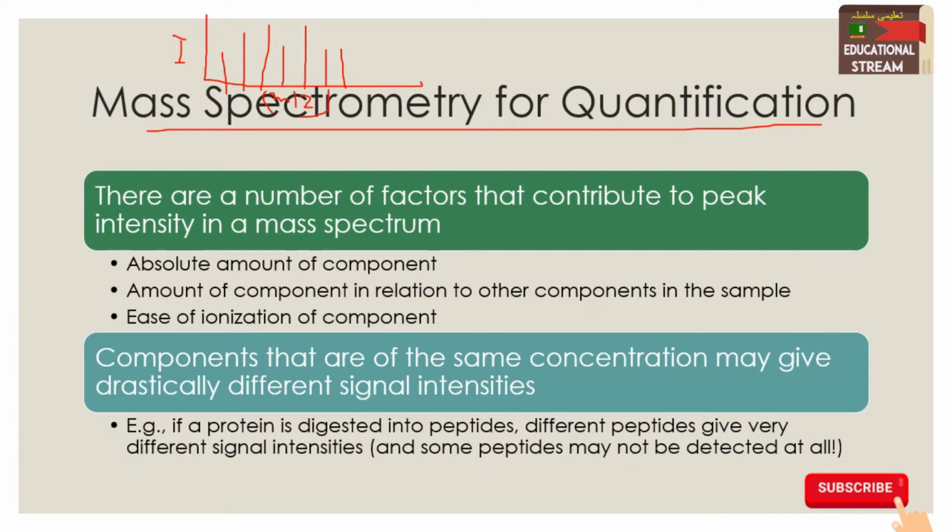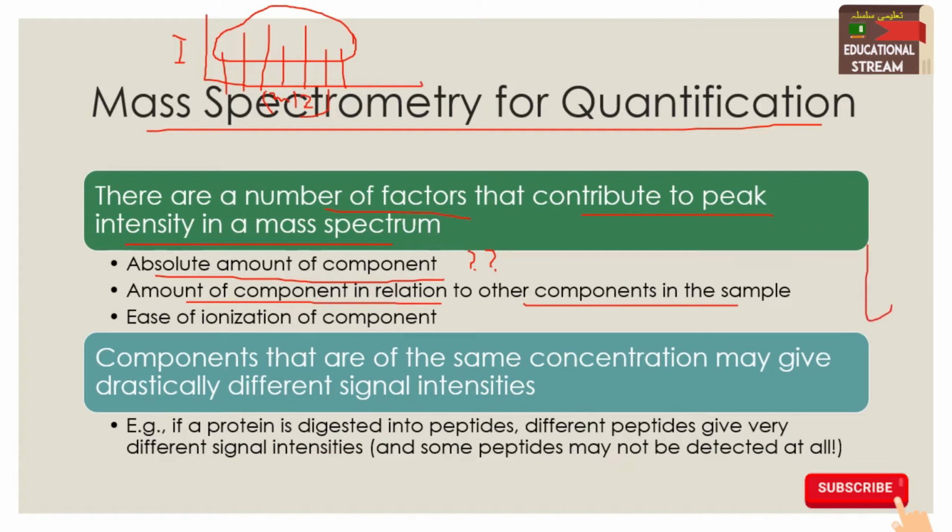So there are a number of factors that contribute to peak intensity in a mass spectrum. There are several factors that play an important role in the intensity of the peaks. These include the absolute amount of the component, how much concentration of the component that we are dealing with is present, and then the amount of the component in relation to other components in the sample.